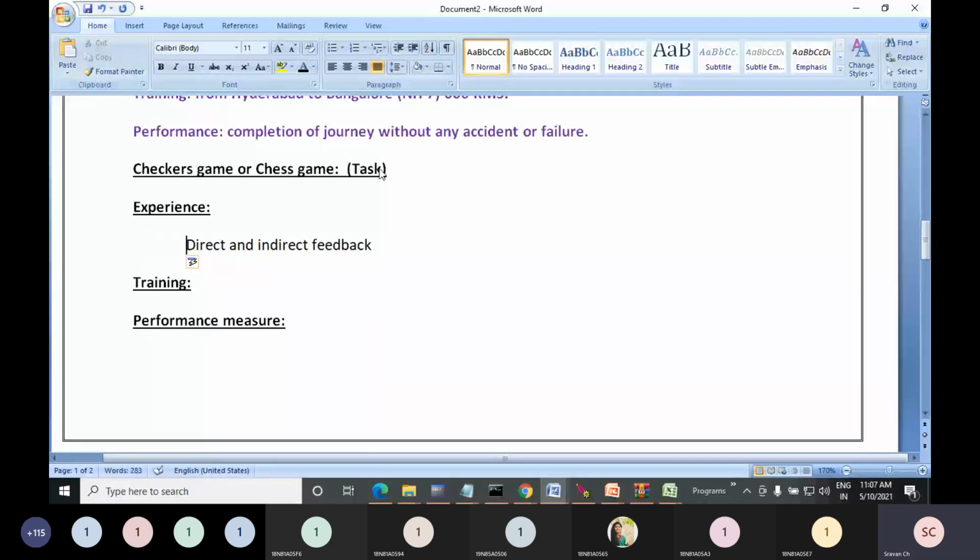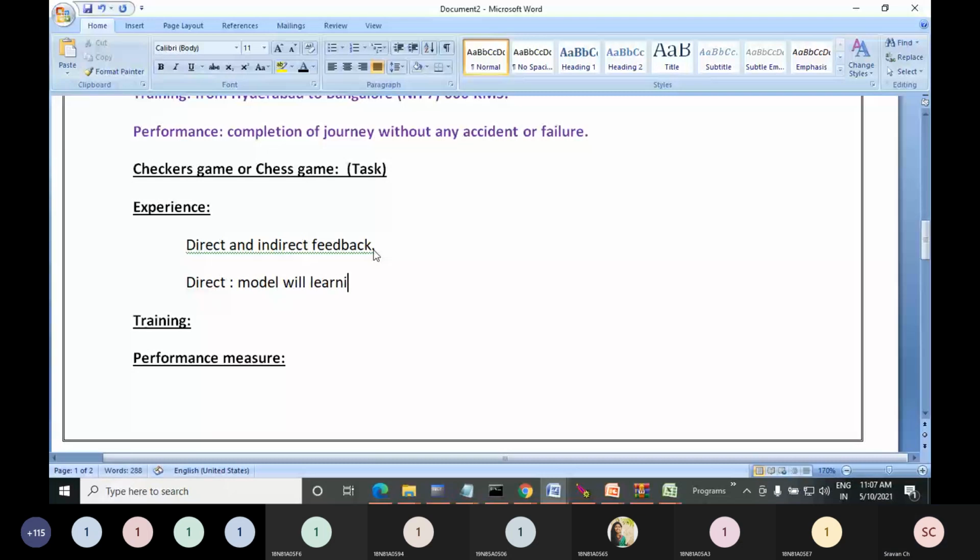What do you mean by direct and indirect? Direct means I will train my model. So the model will learn by playing continuously with itself.